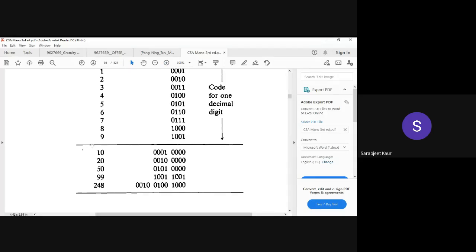So this becomes 0001 for this digit 1 and 0000 for this digit. Similarly for 248, you can see that this is 2, then this is 4, then this is 8, right? So this is the BCD number.